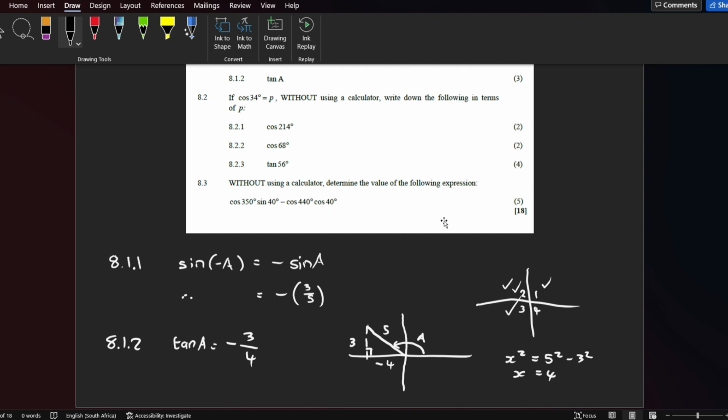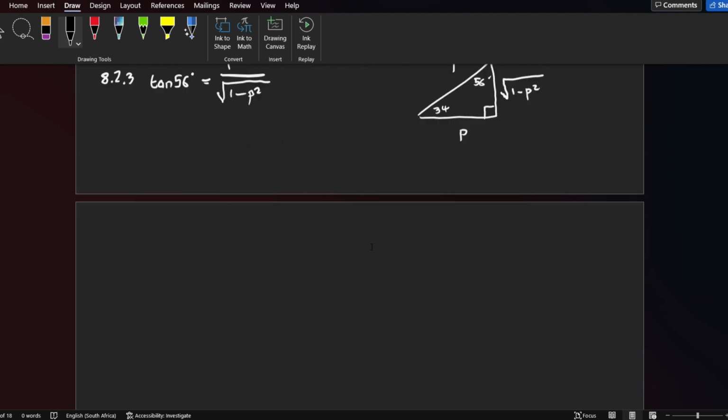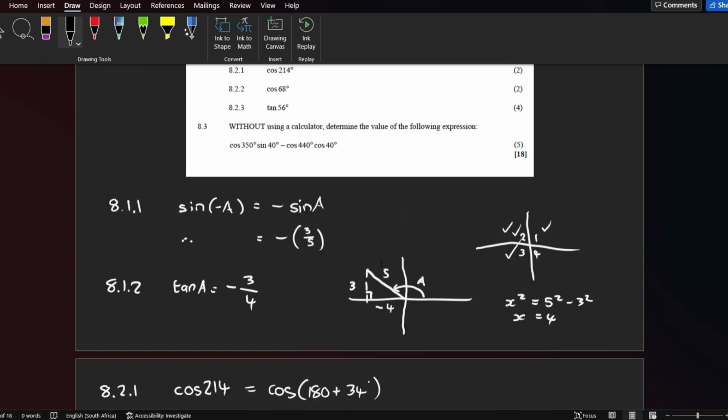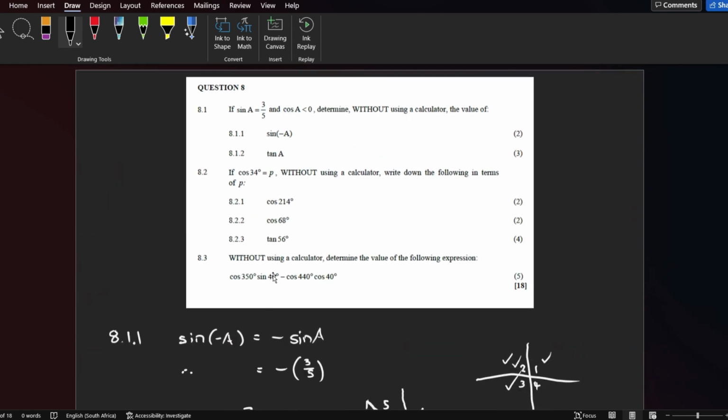So we simply have to use reduction formulas or our identities and trig rules to simplify this expression so that we can form a compound angle identity. So let us get into that. 8.3. So cos 350 is what we had initially, sine 40, cos 440, cos 40.